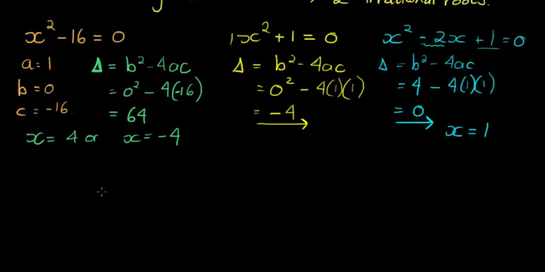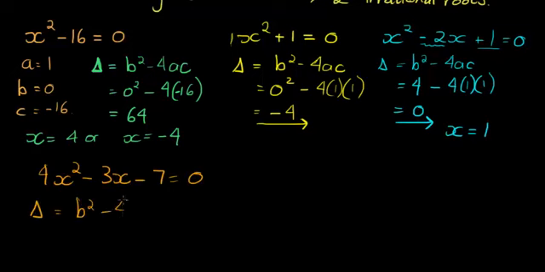Now last example, we had a look at 4x squared minus 3x minus 7 is equal to 0. And our discriminant equal to b squared minus 4ac gives me b is negative 3.